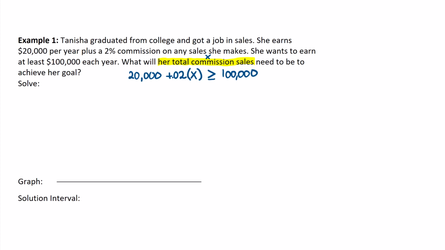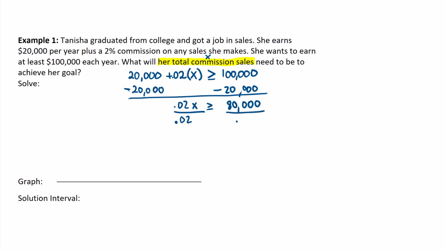We can now solve this inequality. We're subtracting 20,000, which will give us 0.02x is greater than or equal to 80,000. And now we need to determine how much the value of her sales will be to make $80,000 in commission.